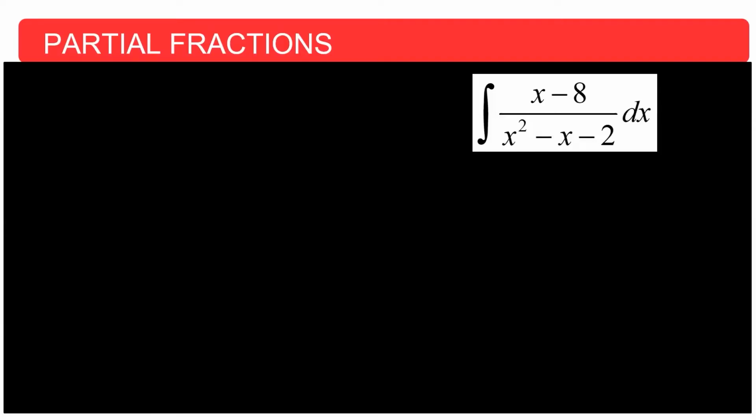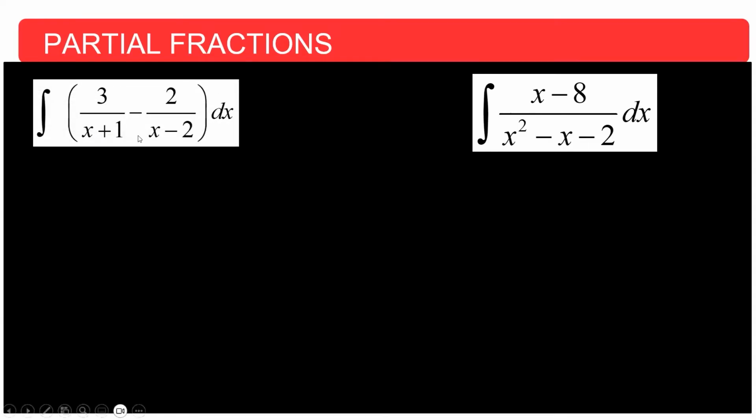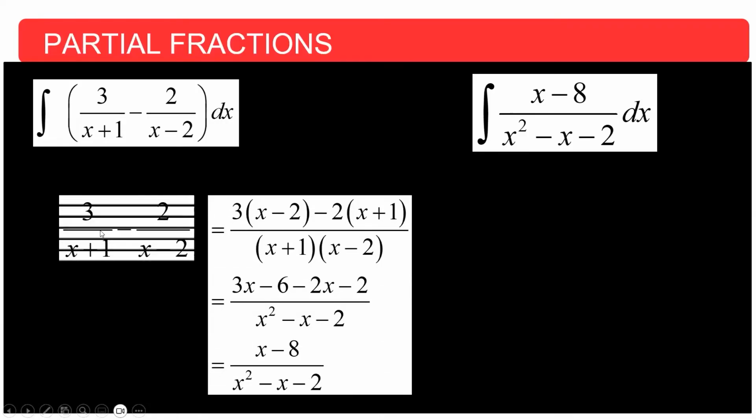Okay, so let's have this as the first example. So what are the factors? In here, look at this, guys. On the left, what we have are two terms. Isn't it that for those two terms, we can combine this as a single fraction? That is what we do in algebra. When we combine these two, the LCD would be x plus 1 and x minus 2.